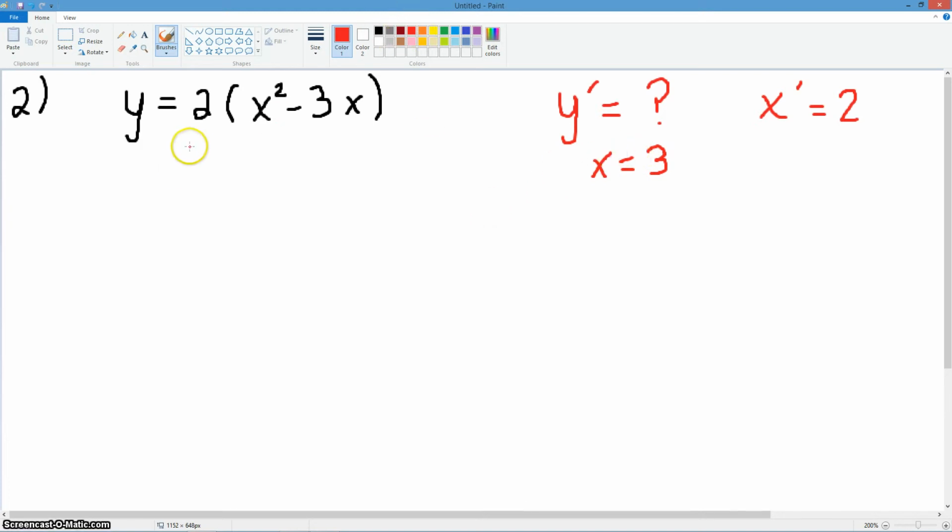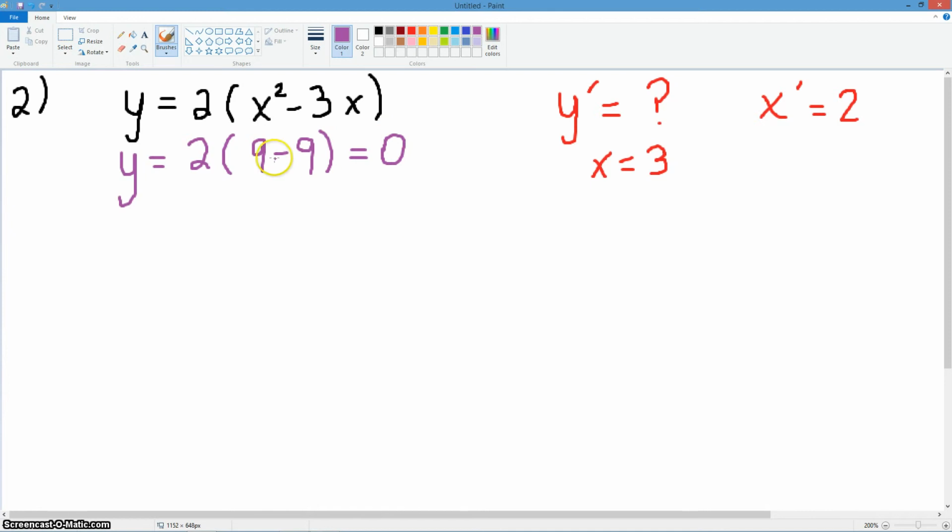So let's plug in 3 for x, so I'm going to have 2 times 3 squared, which is 9, minus 3 times 3, which is 9. 9 minus 9 is 0, and 0 times 2 gives me 0.